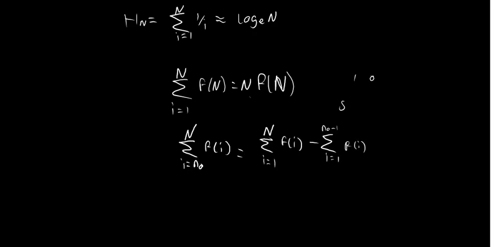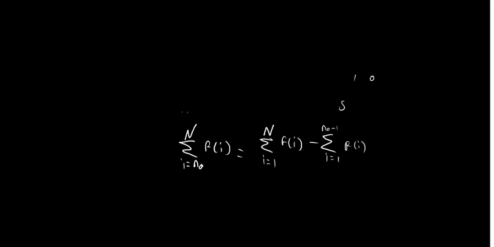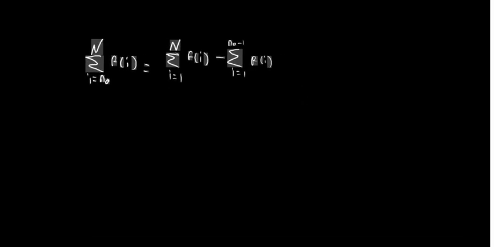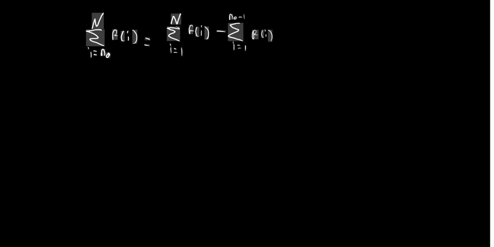Now to explain this formula a bit, because it's one that I haven't really discussed with you guys, I'm just going to erase what I have here and then explain it.